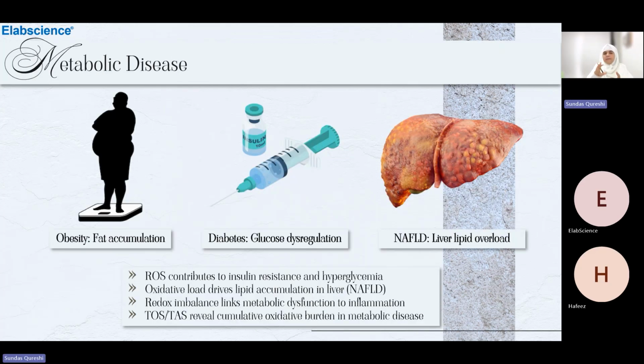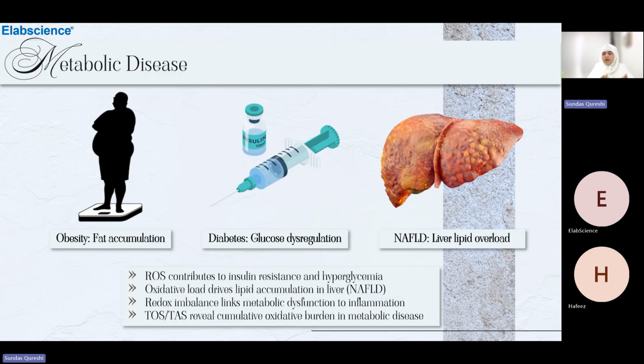Now, in the case of metabolic disease, oxidative stress is also a key driver. For example, in obesity, excess fat accumulation generates reactive oxygen species that disrupt cellular signaling. In the case of diabetes, oxidative load contributes to insulin resistance and impaired glucose regulation.